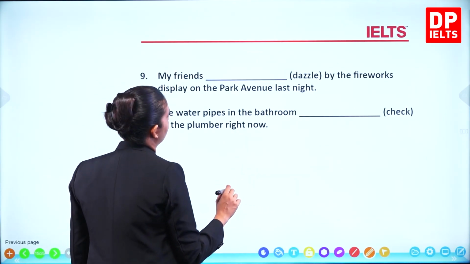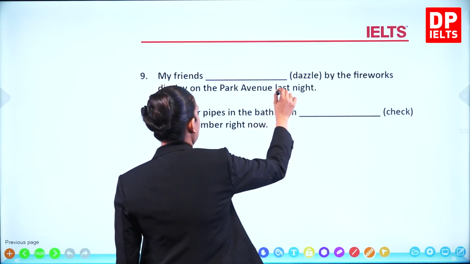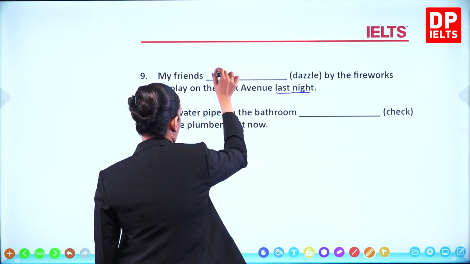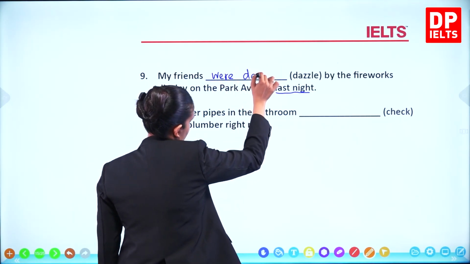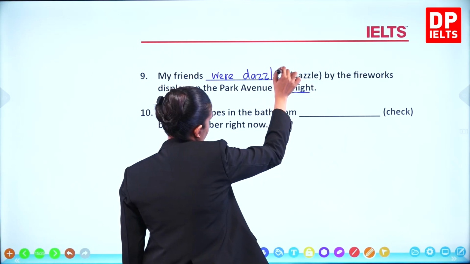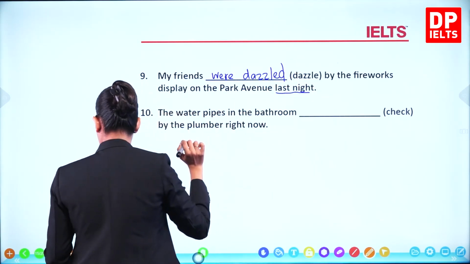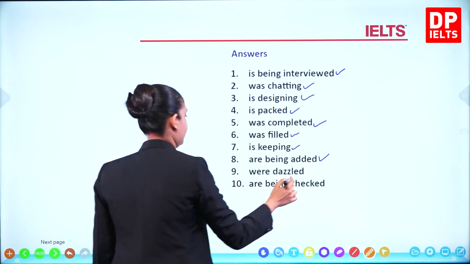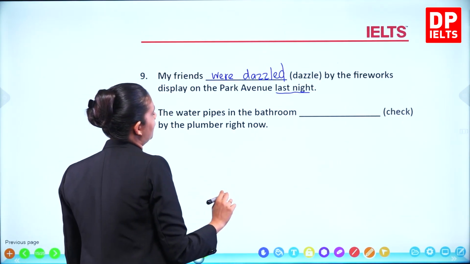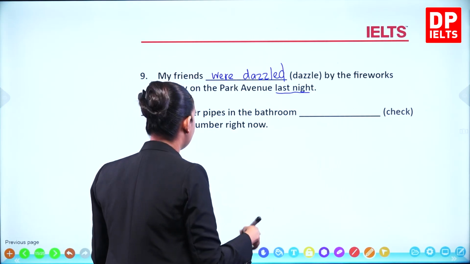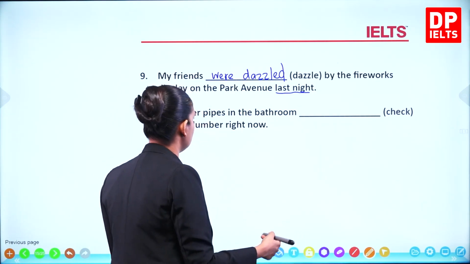Next one, my friends by the fireworks last night completed were dazzled. You don't need anyone else, so that is active voice. Next one, the water pipes in the bathroom. It's happening at the moment, so continuous.